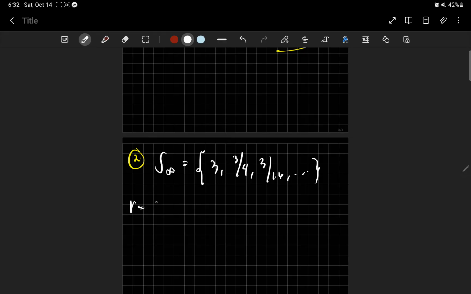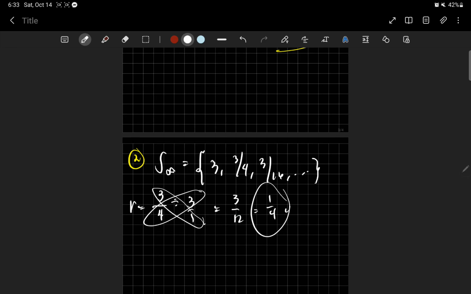The common ratio is 3/4 divided by 3. Kasi diba ito yung second term, ito yung first term. So 3/4 divided by 3, sige, sulat na lang natin siya as this one. So again, you just have to cross multiply when you are dividing fraction. That is 3 over 4 times 3 is 12, 1/4. Okay, so therefore the common ratio is 1/4.